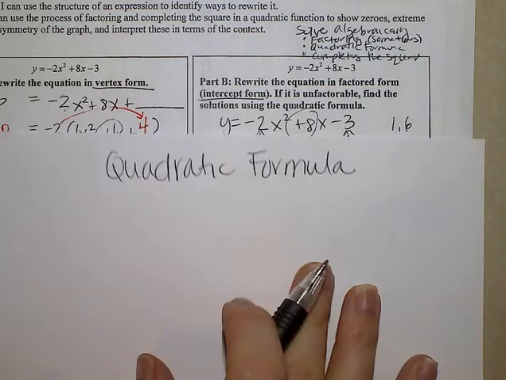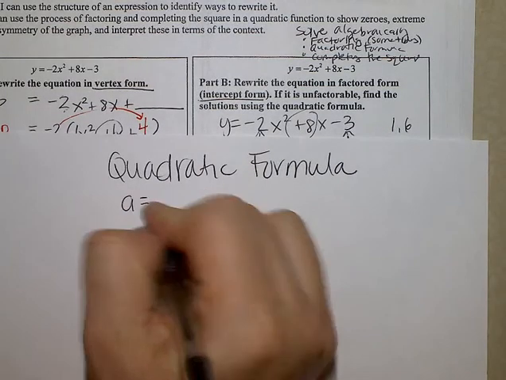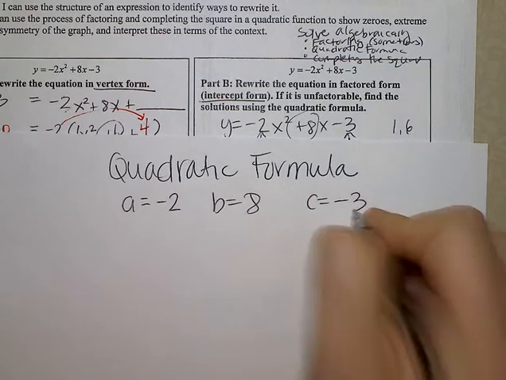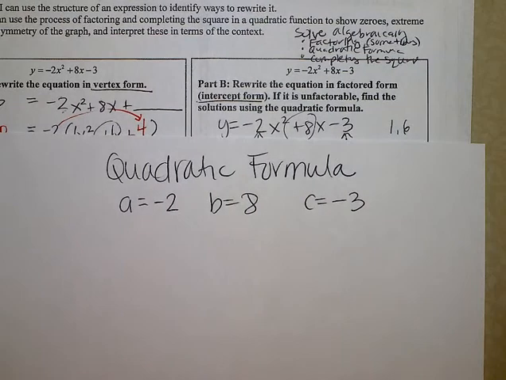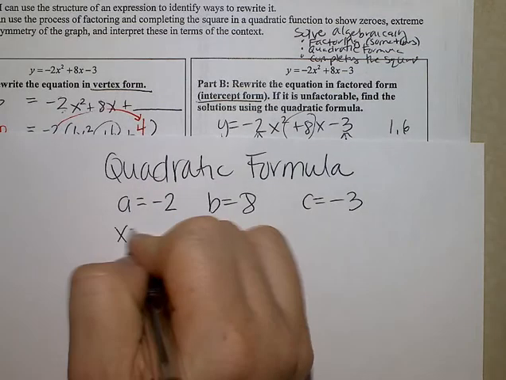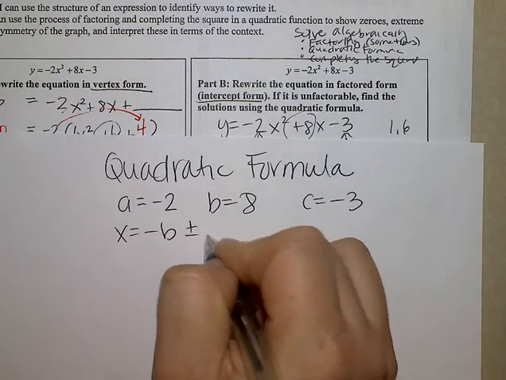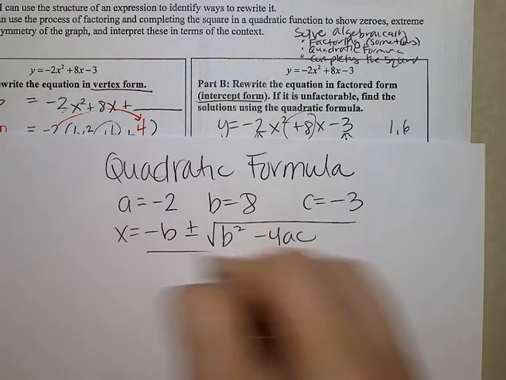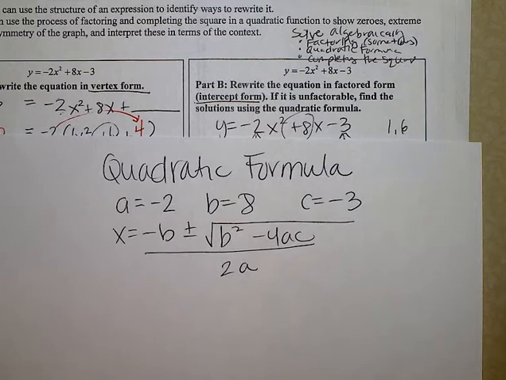So quadratic formula, I'm going to identify the A, the B, and the C. If you have not memorized the quadratic formula at this point, it's something you should do. So at this point, I'm going to substitute in the values for A, B, C, and then simplify.